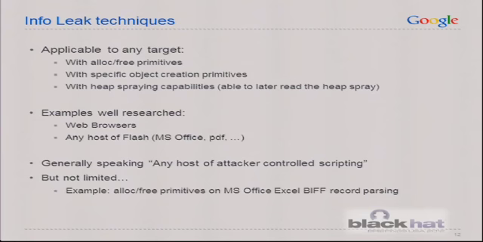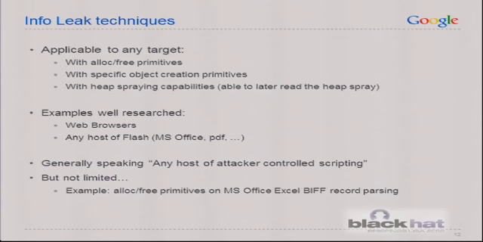You need an alloc primitive and a free primitive. By alloc, I mean an allocation of a specific controlled size with controlled content. A free is freeing something that you control, a pointer that you control.